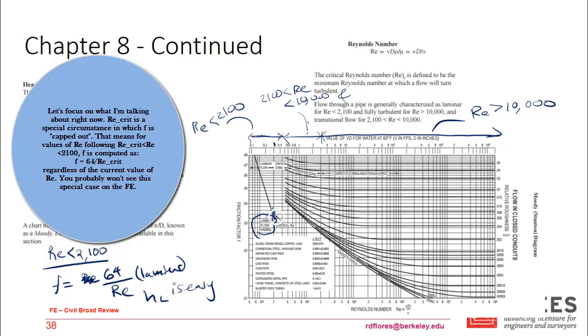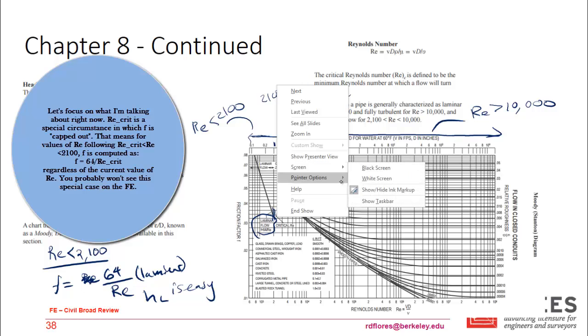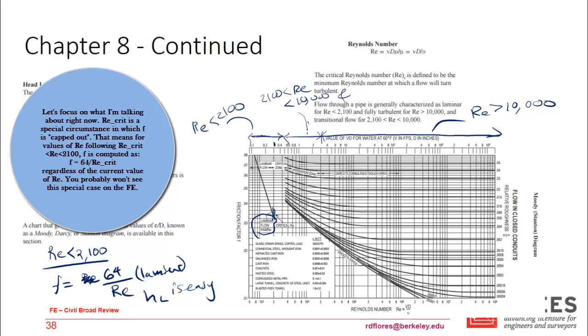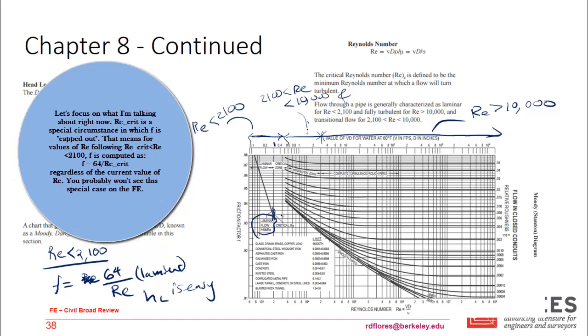Don't really worry too much about it, but just realize that if you're in the critical zone, you just take it as where it was at the critical. They should give you the critical Reynolds number, and whatever that is, take the friction factor after that as being 64 over RE critical. So that's all you have to know for that.